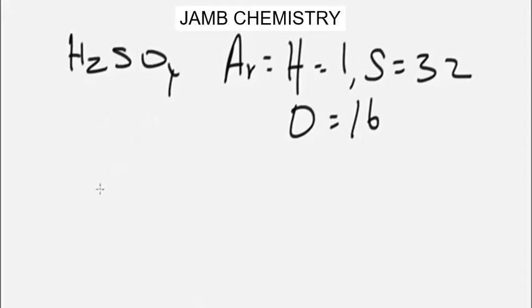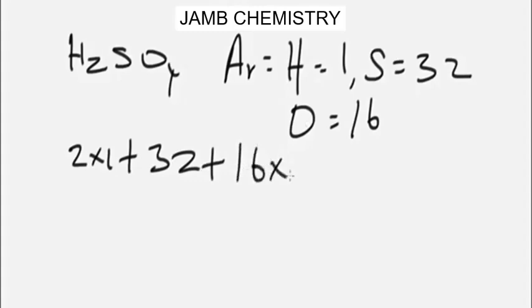As usual, we are going to add the relative atomic masses of the atoms in this compound. We have 2 atoms of hydrogen here, and the relative atomic mass of hydrogen is 1, so it's going to give us 2 times 1, plus sulfur, we have 1 atom, and that of sulfur here is 32, plus oxygen, we have 4 atoms of oxygen here, and the relative atomic mass of oxygen is 16, so plus 16 times 4.